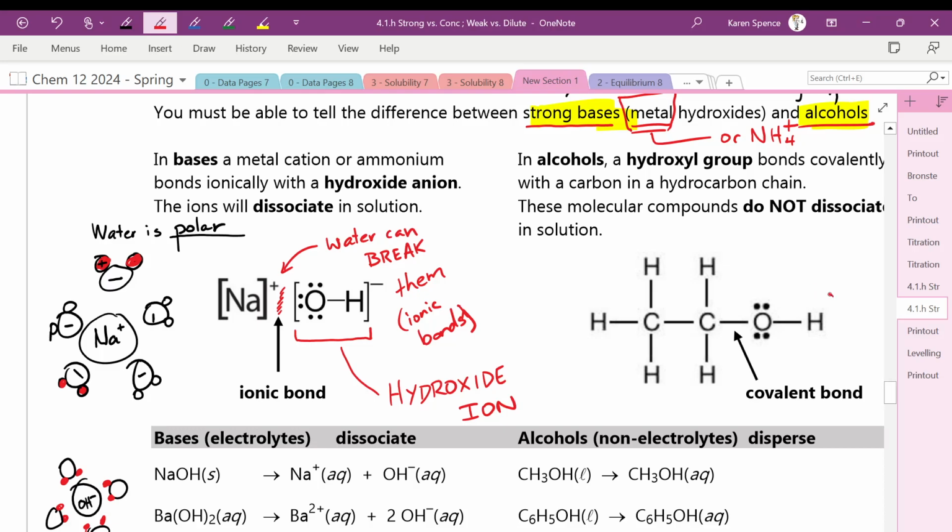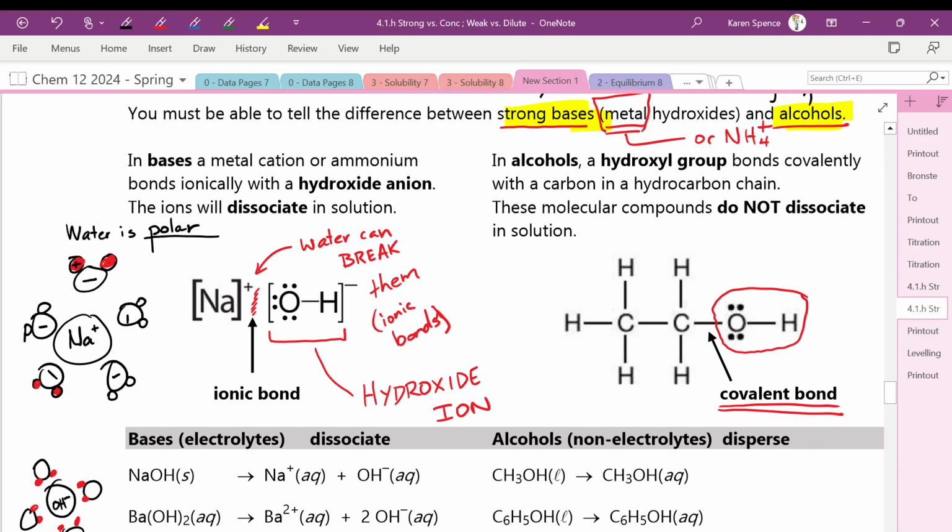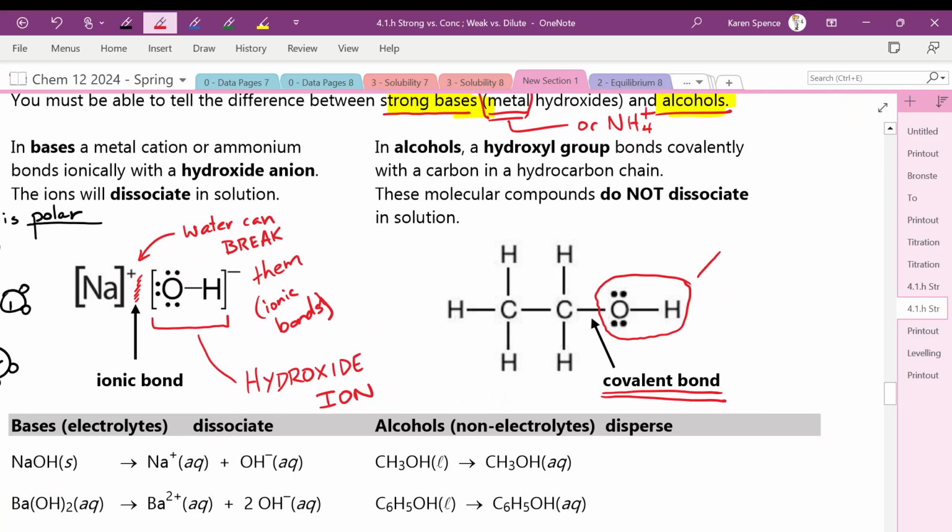Whereas this thing over here attached by a covalent bond to the carbon, that's not a hydroxide ion. That is called a hydroxyl group. That is a hydroxyl group.